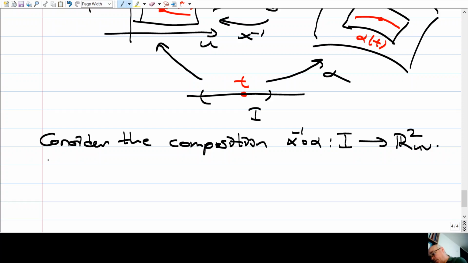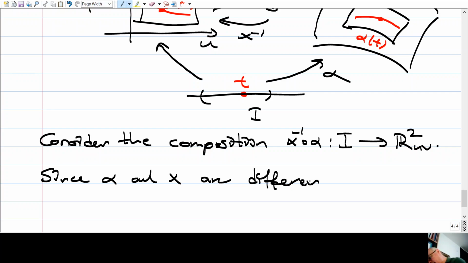Alpha and X are differentiable. Actually, X is a regular function, so both X and its inverse are differentiable. We see that this composition has two coordinates.